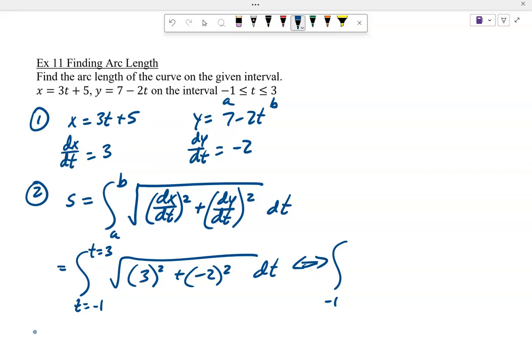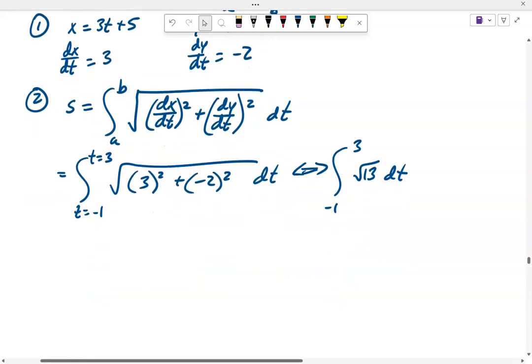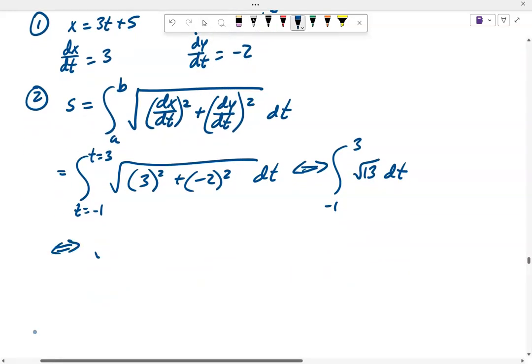So we're going from -1 to 3. 9 plus 4, I got the square root of 13. And now I'll run that integral. So I got square root of 13 t, -1 to 3.